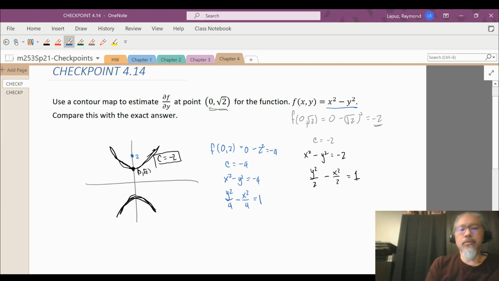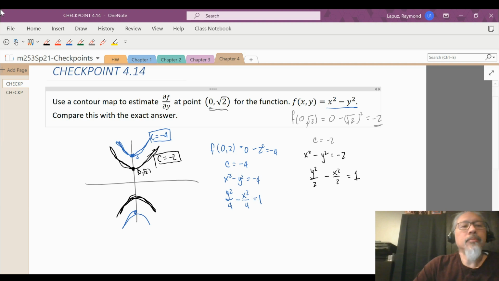The negatives got incorporated in there, and that's why there was a switch in the terms. This is again a hyperbola, again opening upward. We know now that it passes through the point (0, 2), and (0, -2) for that matter, but we're just concerned about what's happening here. So this has a level c equal to -4.